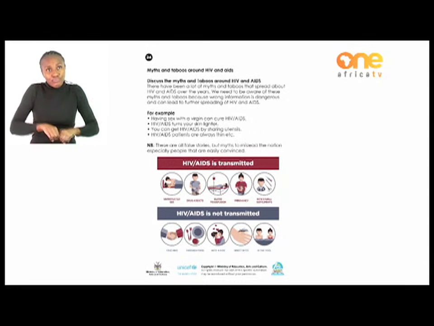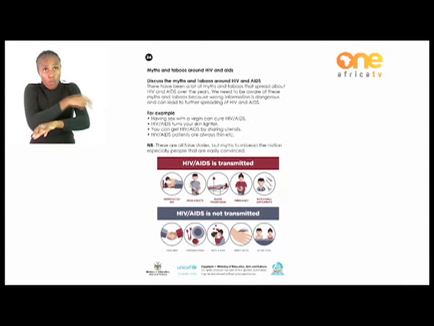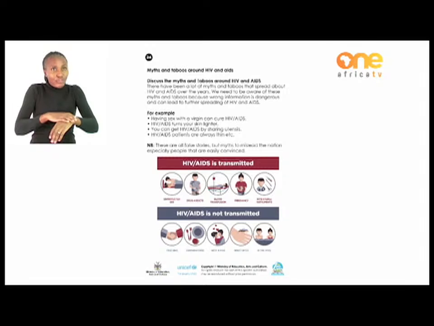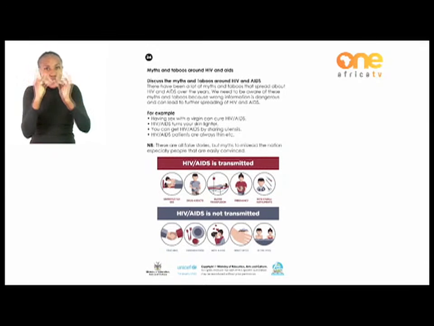Non-sterile instruments. How is HIV/AIDS not transmitted? One cannot contract or transmit HIV through touching, through sharing of food, or through kissing. Why is it not possible for someone to get HIV through kissing? Because HIV cannot survive in saliva. Insect bites.